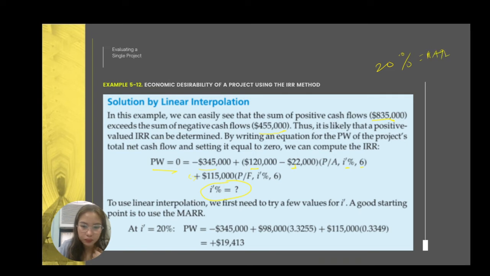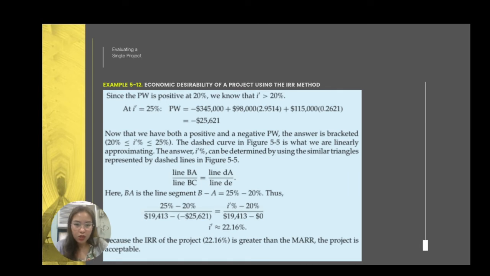At i prime of 20%, substituting gives a PW of 19,413. Since the PW is positive at 20%, we know that i is greater than 20%. So let's try 25%.